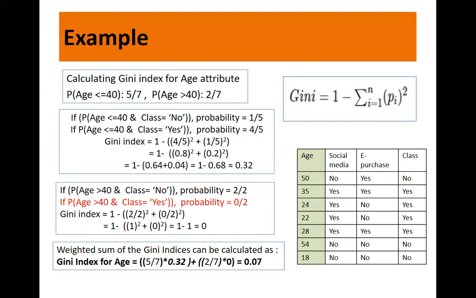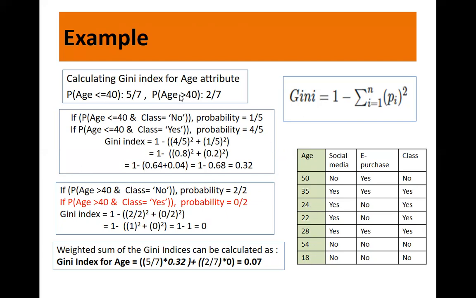Now let's calculate the Gini index. Again, let's use the same attribute, that is the age attribute, to calculate the Gini index. Formula is here. This is our sample data, the training data set, you can say. Now, the probability of age less than or equal to 40 is 5/7, right? You already know, 1, 2, 3, 4, and 5 samples.